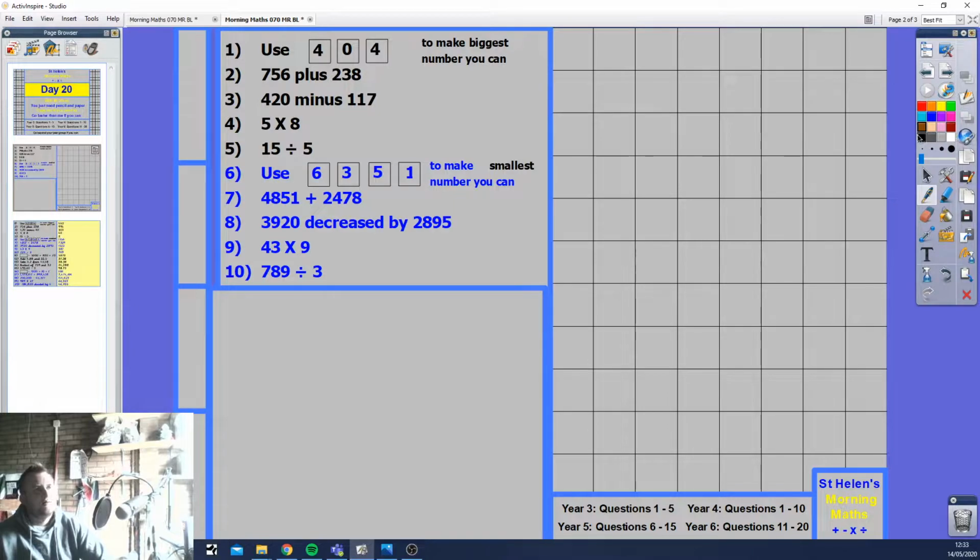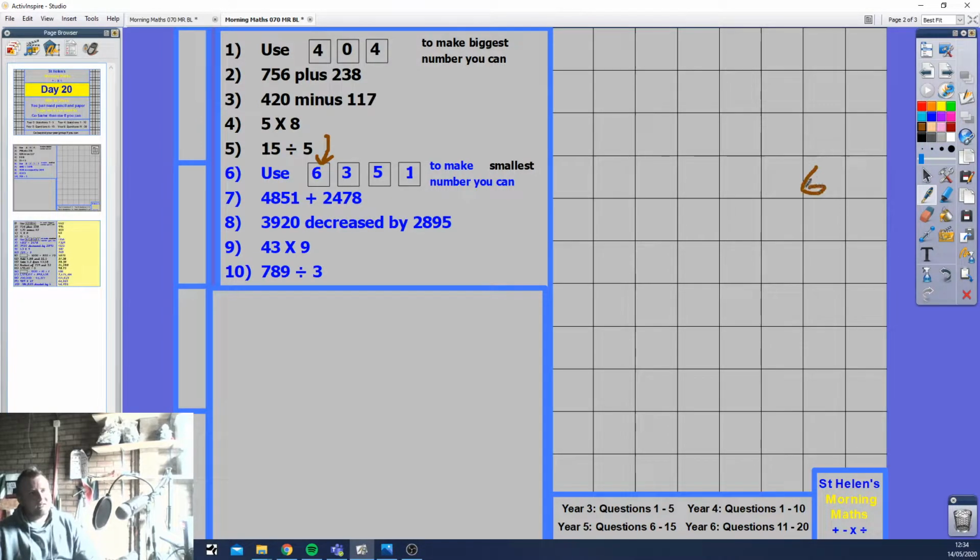Okay, let's go back to a different color. Now we're on to number 6. We're going to use 6351 to make the smallest number. Again, if we're making the smallest number, we want the biggest individual digits to be in the smallest place values. So 6, 3, 5, and 1, which one's the biggest number? 6.